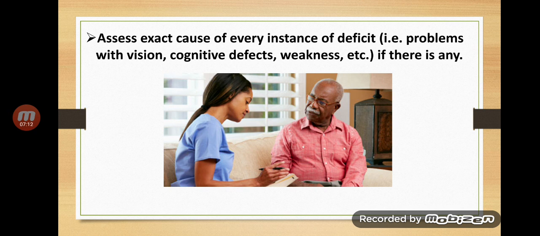Whether the patient is having pain in the hand, or any swallowing difficulty, or what is the exact cause of that particular weakness or deficit, we have to try to find out. Whether the patient is having a vision problem or not, any cognitive thinking defect or not, any weakness or not, that we have to assess.